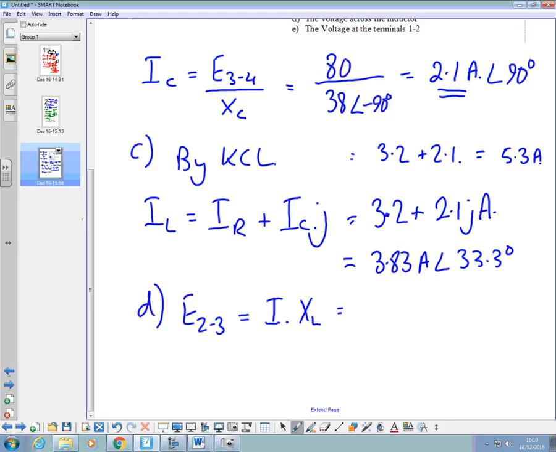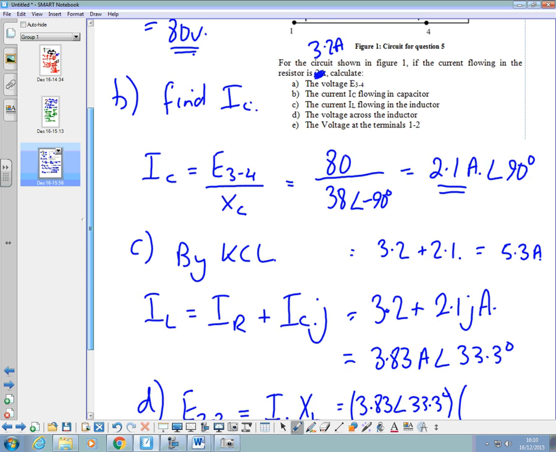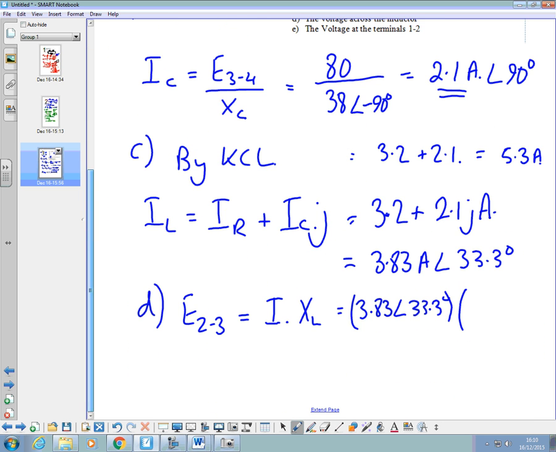So it should be 3.83 angle 33.3 times, and what was the value of the inductance? 6 ohms. 6 ohms at angle for an inductor. Yeah, 90 degrees.